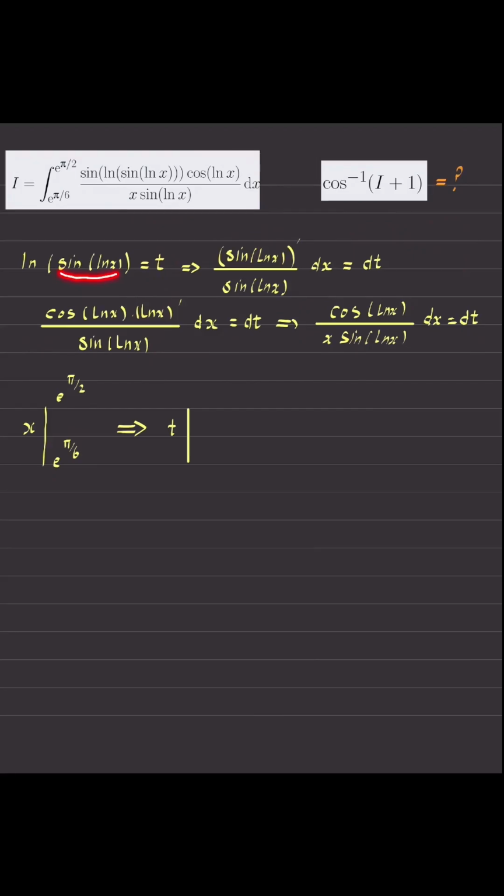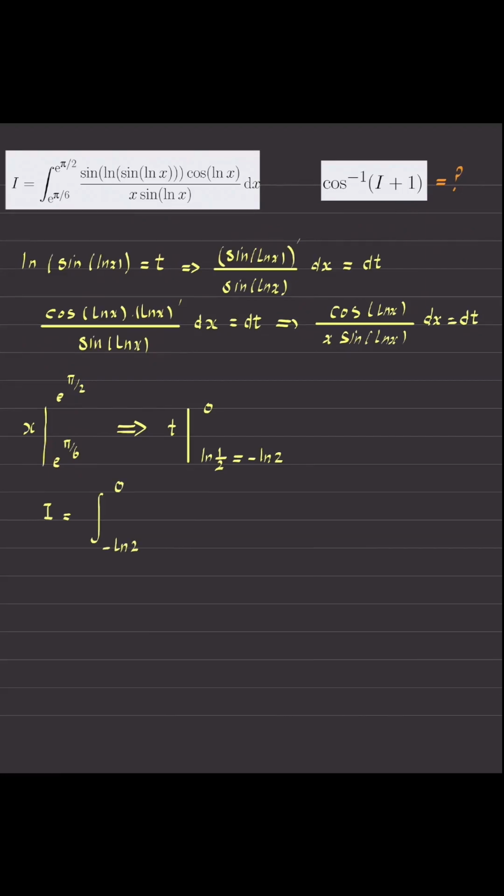Sine of pi over 6 is 1/2, so t becomes ln of 1/2, which can also be written as minus ln of 2. And now what happens if x is this number? I put x here. Ln of e to the power pi over 2 becomes pi over 2. Sine of pi over 2 is 1, and ln of 1 is 0. So this becomes 0.